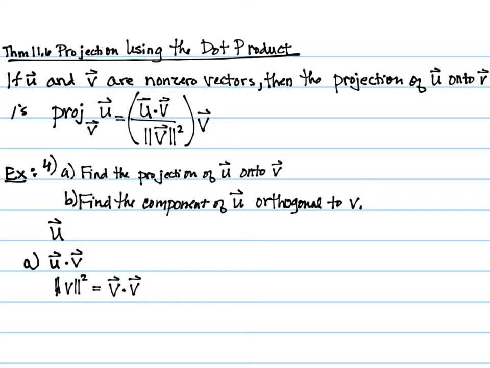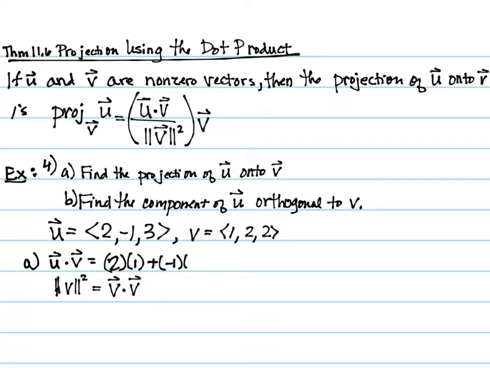All right, U is 2, -1, 3. I think I've used that multiple times now. And V is 1, 2, 2. So multiplying component-wise, I have 2 times 1, once again, dots. 2 times 1 plus -1 times 2 plus 3 times 2.